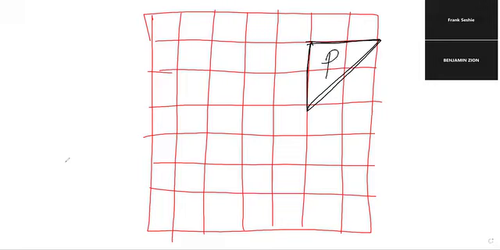Let's say this is P. And this is Q. Then the question was, what is the translation vector if P was translated by the vector and Q is the image?